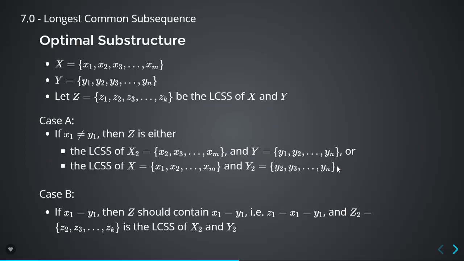That's the first case. The second case is if x1 matches y1, then Z should contain x1, which is the same thing as y1. In other words, Z1, the first character, is that character, x1 and y1. And then Z2 is the longest common subsequence of x2 and y2, the remaining subproblem. Okay, so these are the two cases we have to prove.